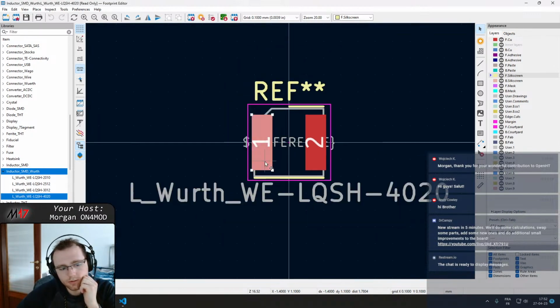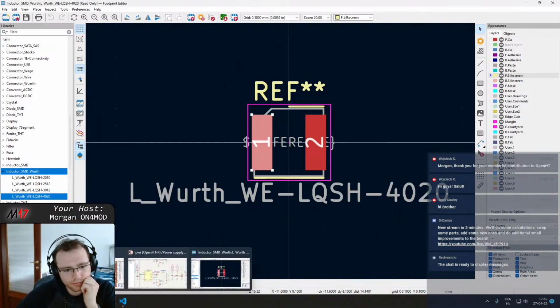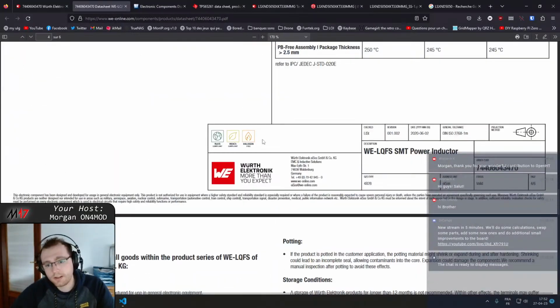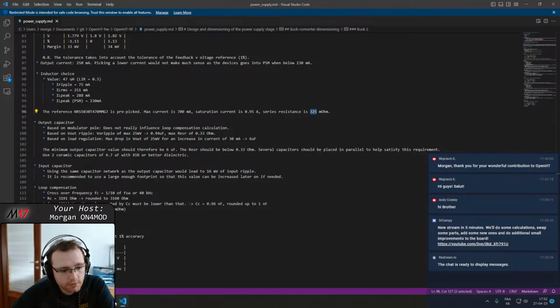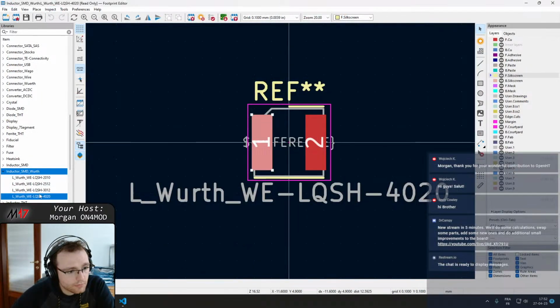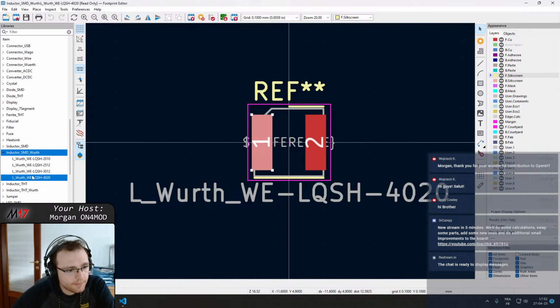Would it be that one? So I'm gonna, yeah, WE-LQFS. No, they don't have it. Then I'm gonna name it just like the one that they give, except that what is the 4024?